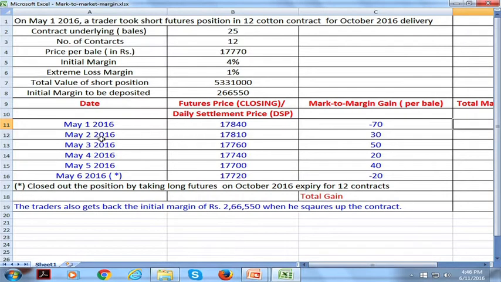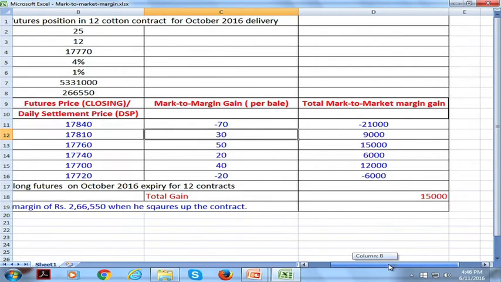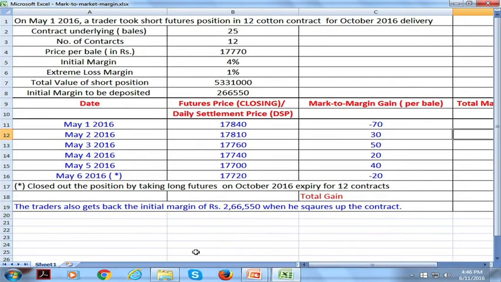Similarly, let us say on May 2nd, this contract closed at 17,810. So when we compare this price, because 17,770 will no more be relevant, 17,810 with 17,840, this cotton producer has now a 30 rupees gain. So he will be getting 9,000 from the counterparty. This process goes on till this cotton producer squares up the position.